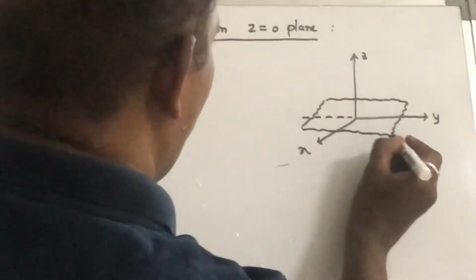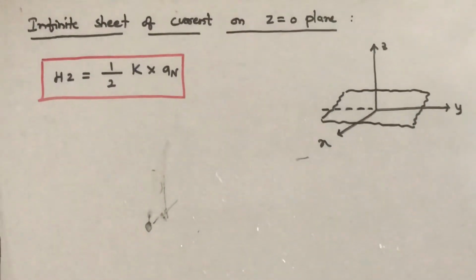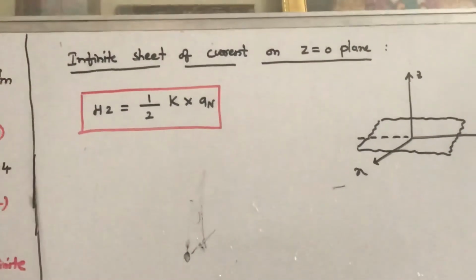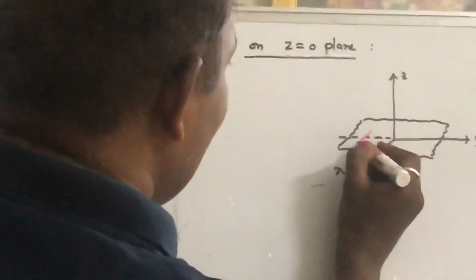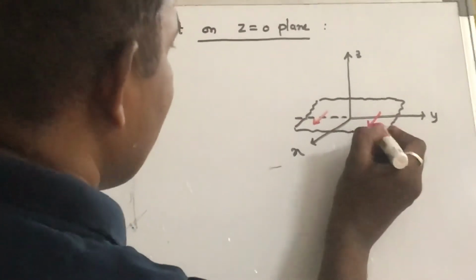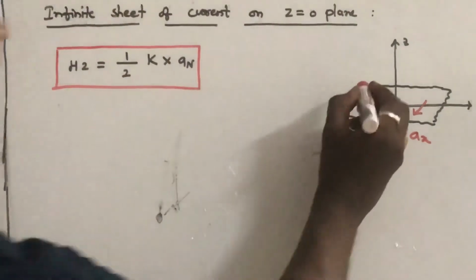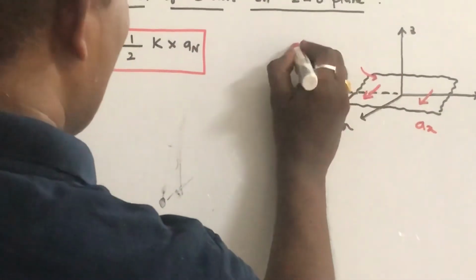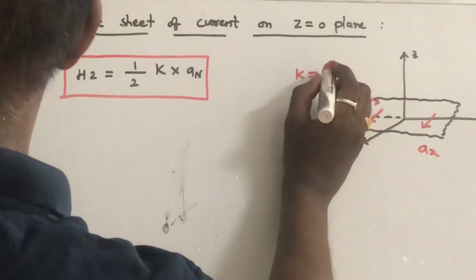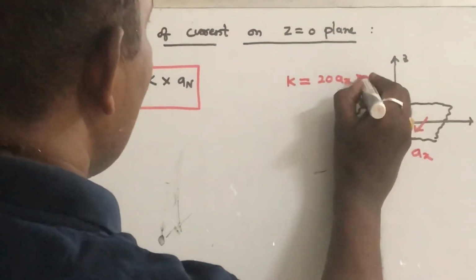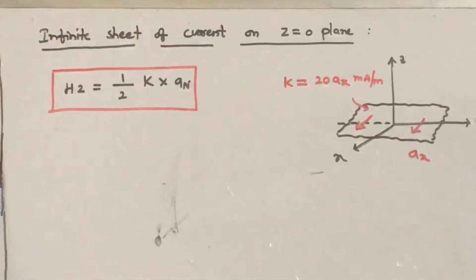It is carrying a current in the positive x direction. What is K? The current is given as 20 milliamperes in the AX direction, 20 milliampere per meter, you have to remember.